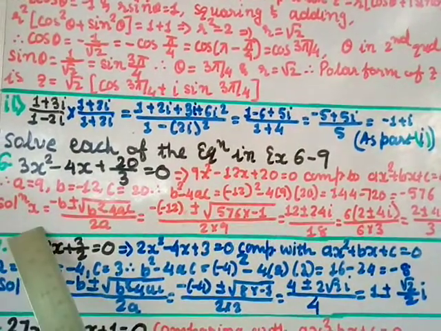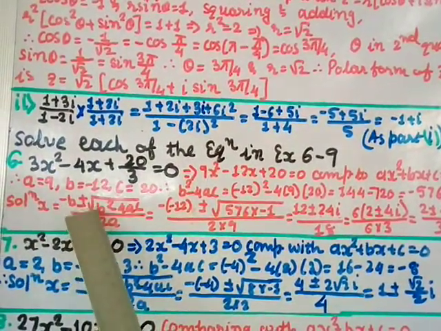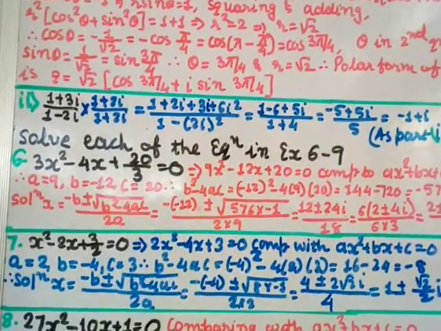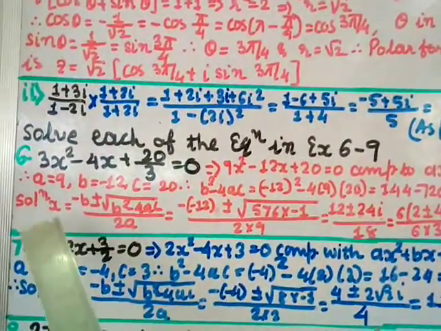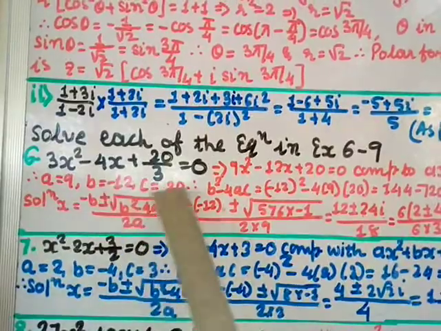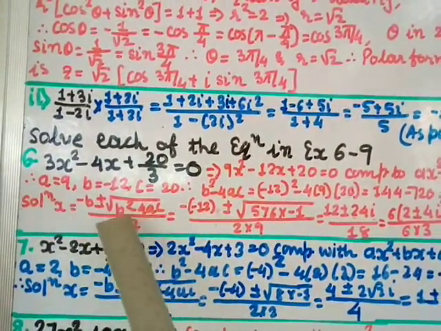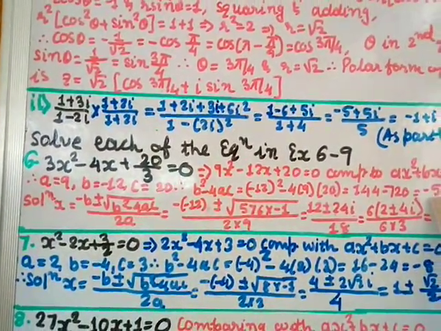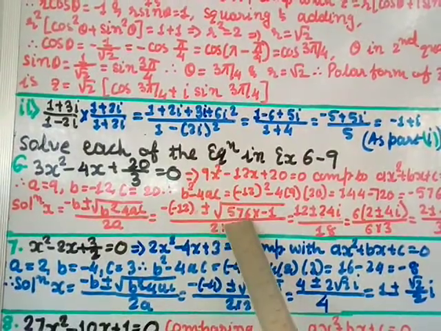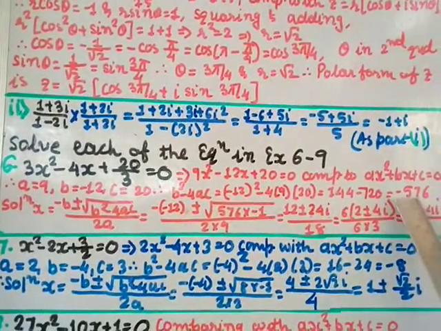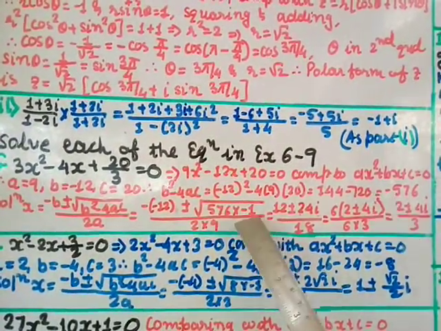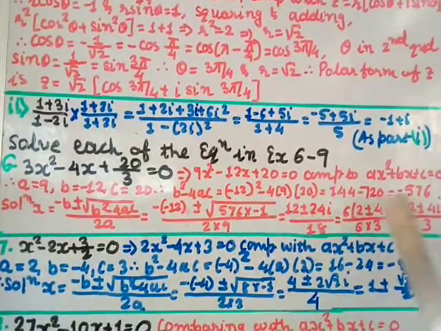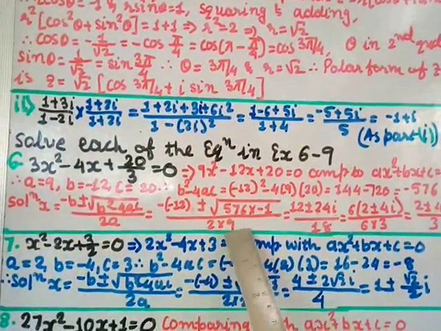Now solution x = (−b ± square root of b² − 4ac) / 2a. Okay, the formula: x = −b value, which is −(−12), ± under the square root of b² − 4ac, we found −576. So put here 576. This is −576, right? But this minus can be written as −1 into 576, divided by 2 into a value, which is 9.